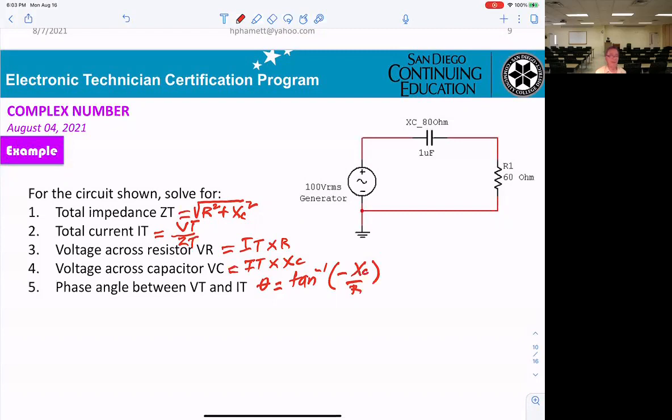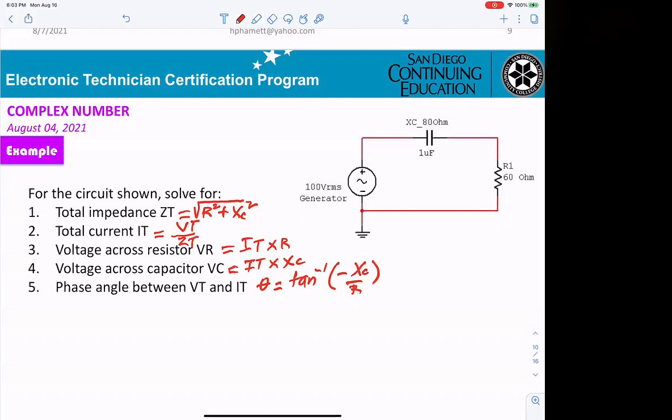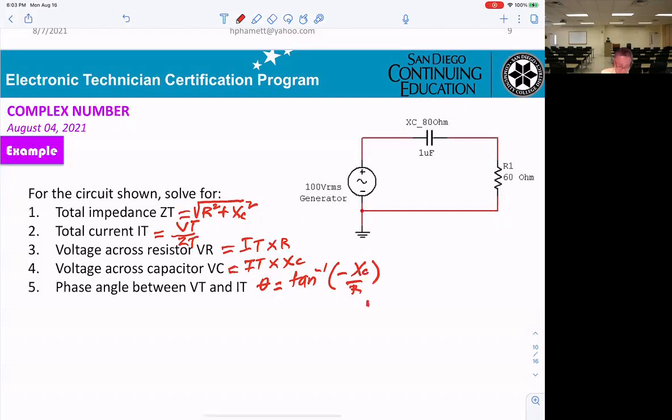They have no phase difference, right? And you get the VC and IC. What happened? You can see VR, IR in phase.